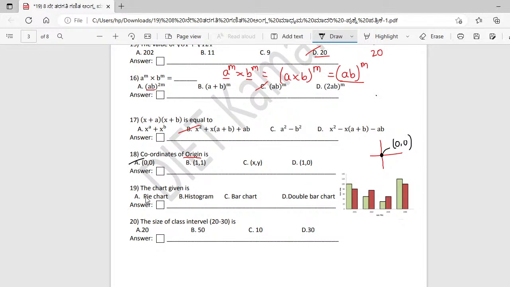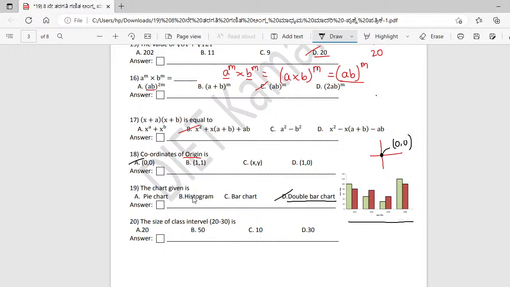And the 19th one, the chart given. As you can see beside, they have given the figure of the chart, a double bar graph. But there is a space in between, so which answer can we go with? I hope everybody knows this one. The option is D, a double bar chart.